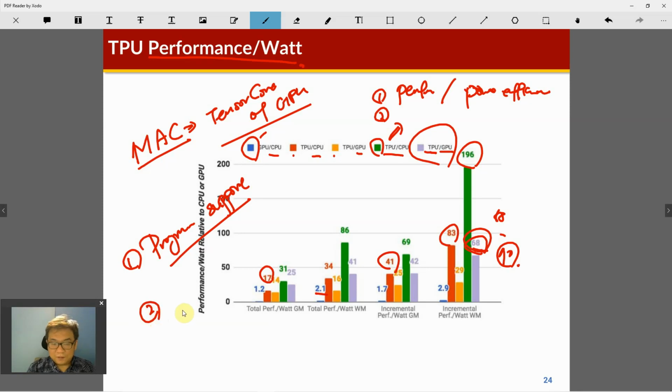The second disadvantage is that it's just domain-specific. So the TPU cannot run other types of application, and the efficiency may be very low.